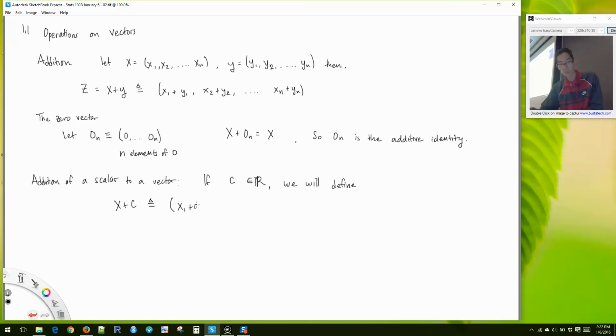So x1 plus c, x2 plus c, and so on. This is still an n vector.